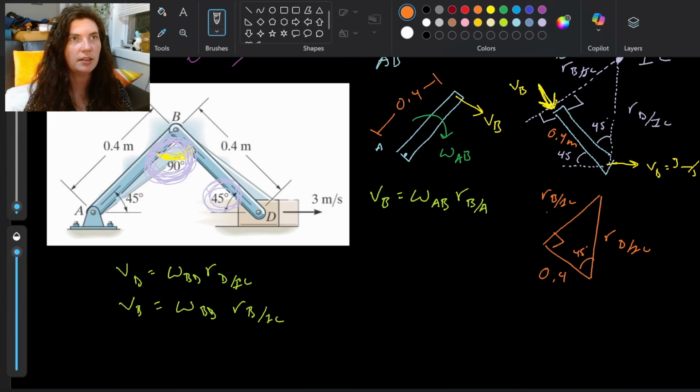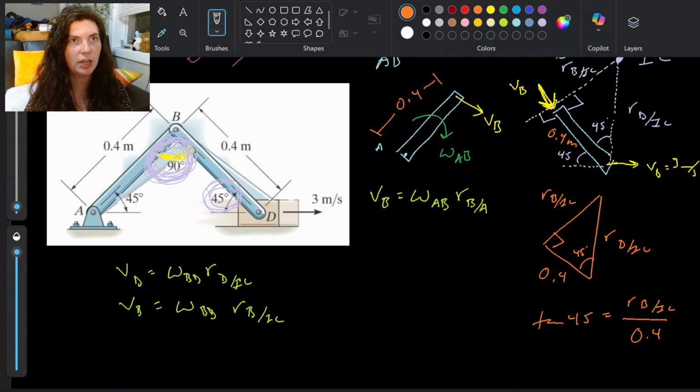If I want to find my R_B with respect to IC, I can relate that to the 0.4 here with a tangent of my 45. So tan 45 is opposite over adjacent. Opposite is R_B/IC over adjacent 0.4.